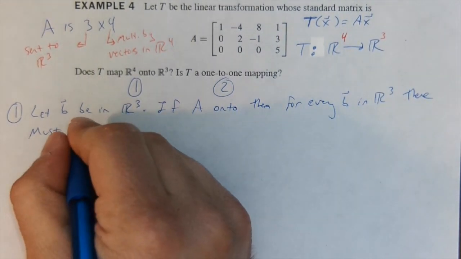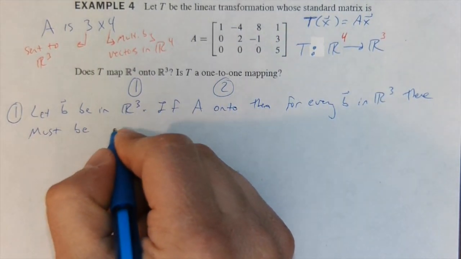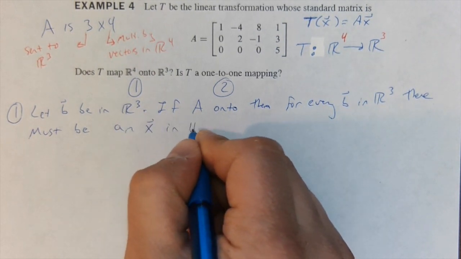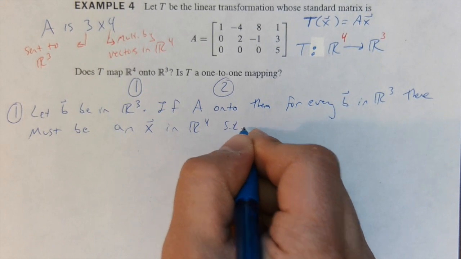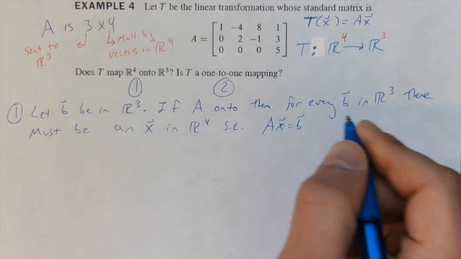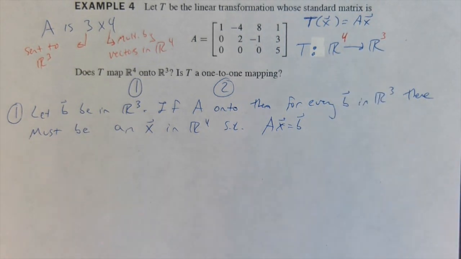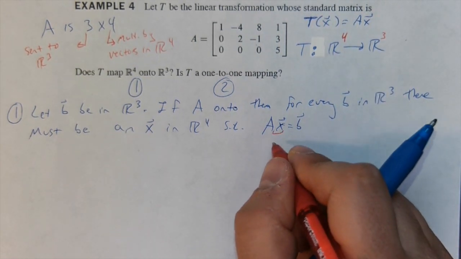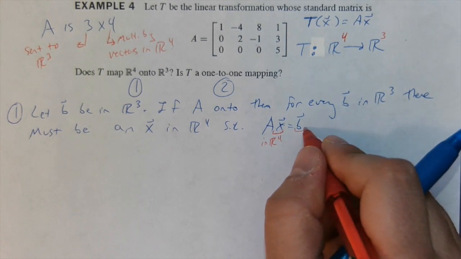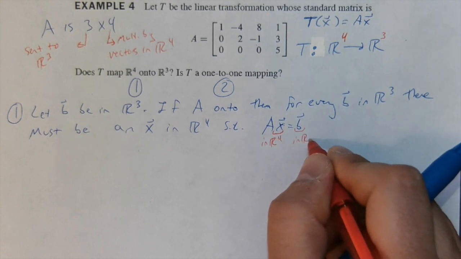So there must be an x in R^4 such that Ax equals b. And just to be clear, we're sending things from R^4, so this x is a 4-dimensional vector, and then it gets sent to a 3-dimensional one.